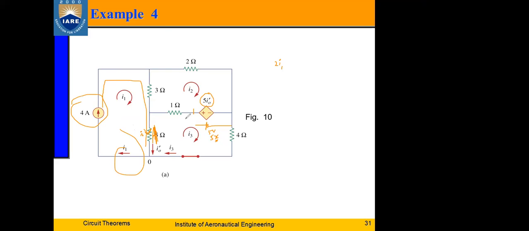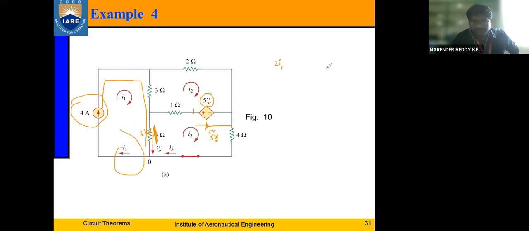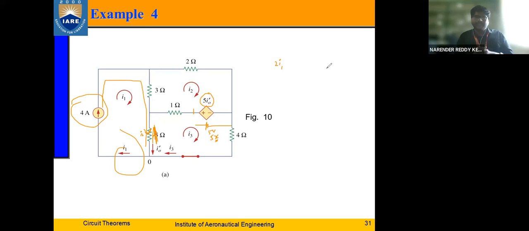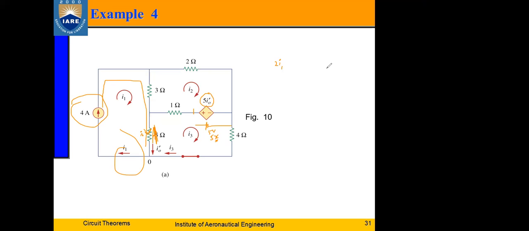Sir, but I started using KCL, sir. I did not write loop equations, sir. I wrote KCL equations. Okay, you can write with KCL, but what about the currents then? You want to write in terms of nodal analysis? Yes, sir. Okay. I considered a junction of three points meeting, no, sir.